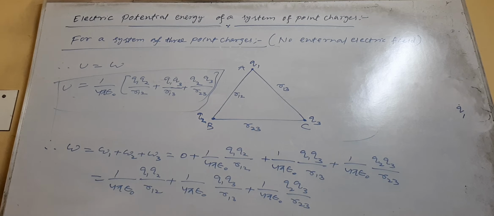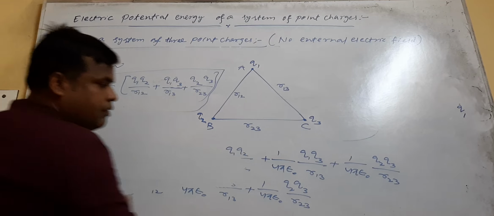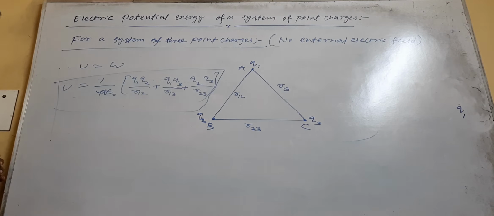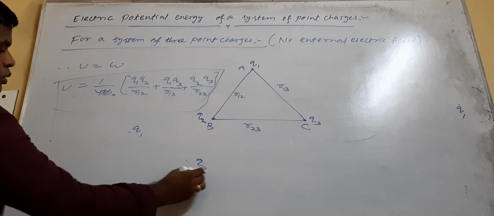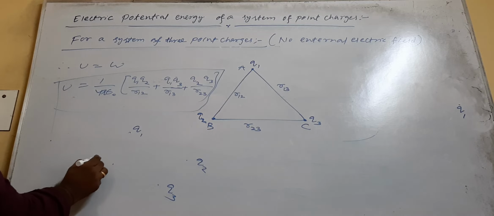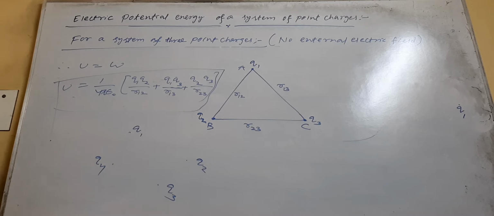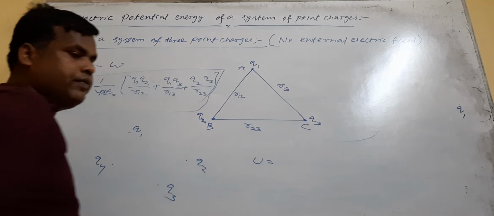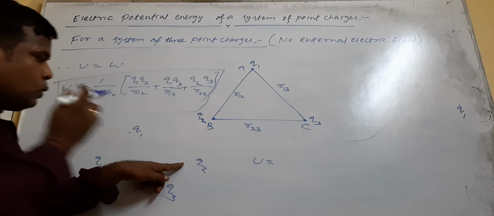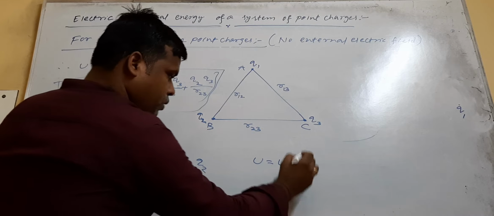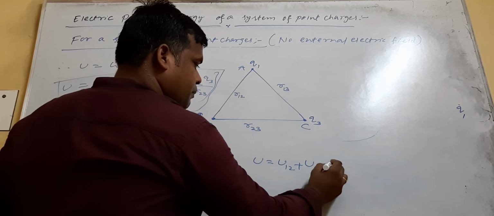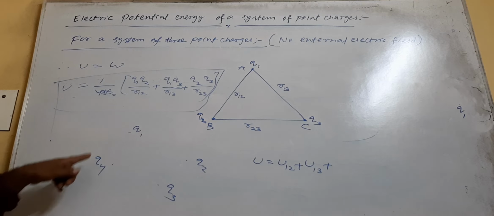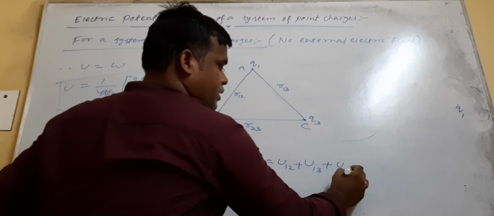Similarly, if you have a system of 4-point charges Q1, Q2, Q3, Q4, then the potential energy of the system will be U12 plus U13 plus U14.